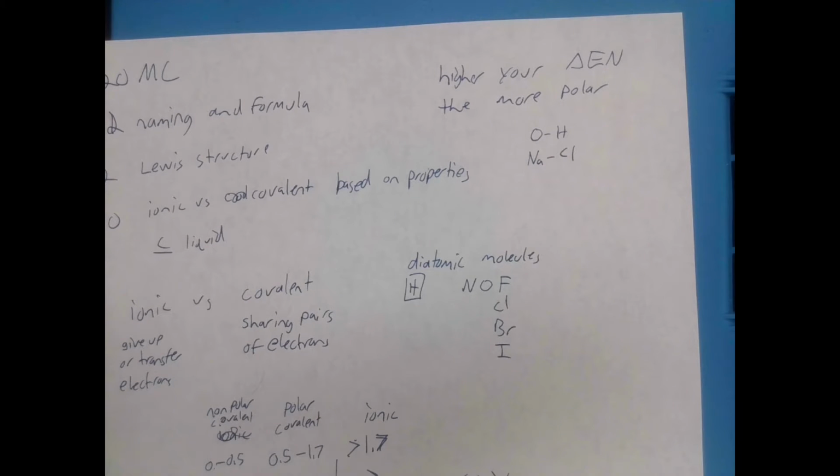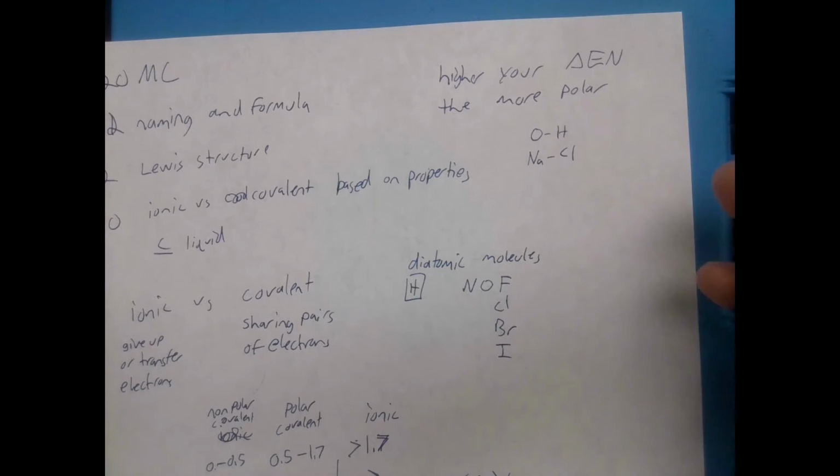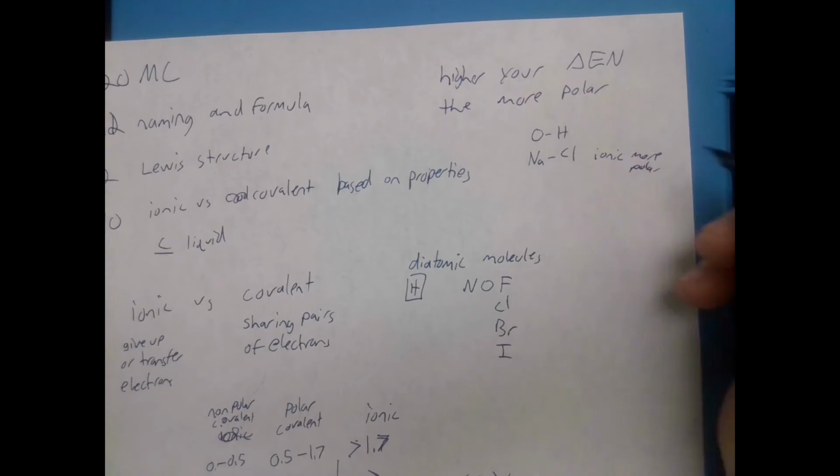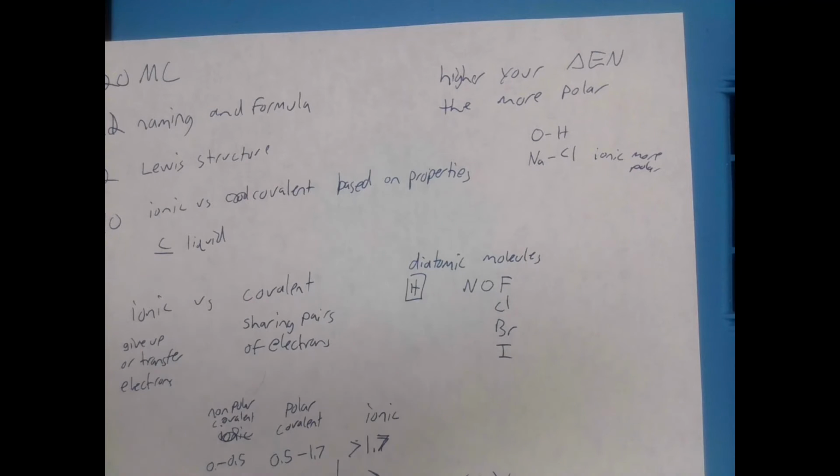Which one is more polar? NaCl. Yes, it's even in fact ionic. It's more polar. Or it should be like 1.4. So it'd be covalent, right? Which one? OH. I think OH3. I don't have my periodic table with me. Should be around 1.3.